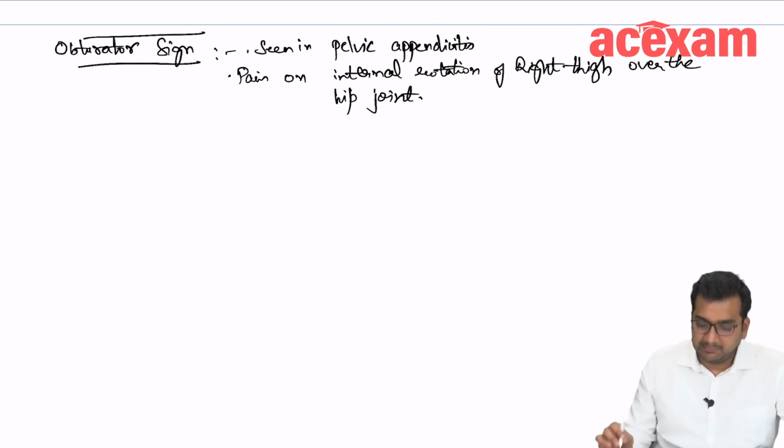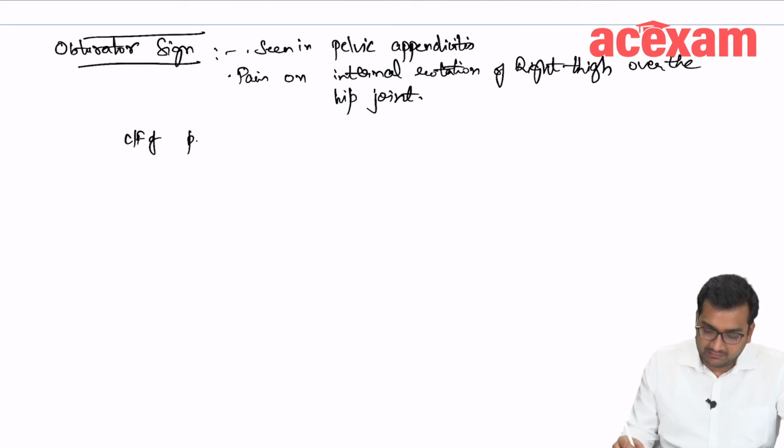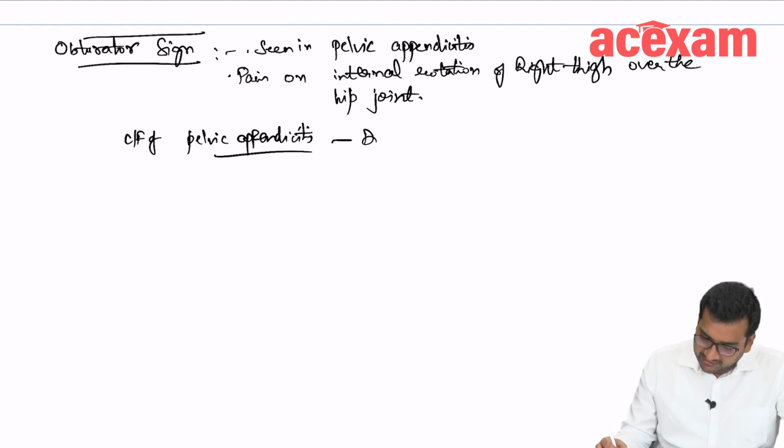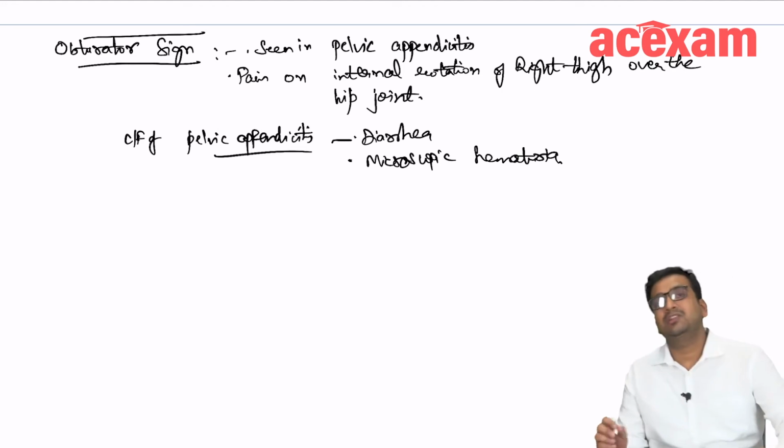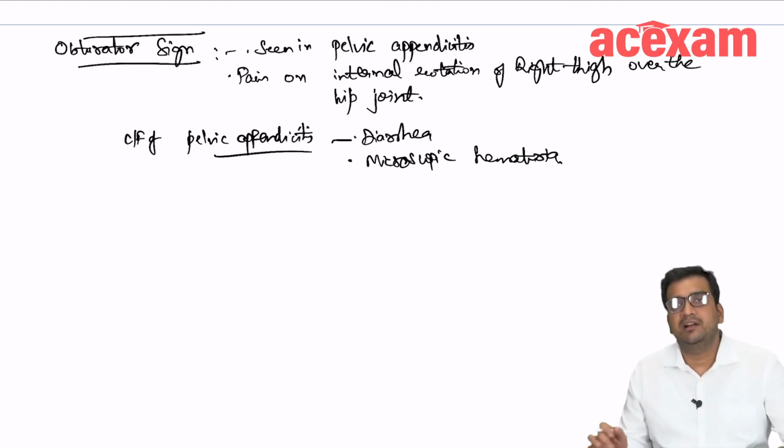Now regarding pelvic appendicitis, the clinical features are diarrhea and microscopic hematuria. This is because pelvic appendicitis irritates the bladder, the ureter and the rectum also.